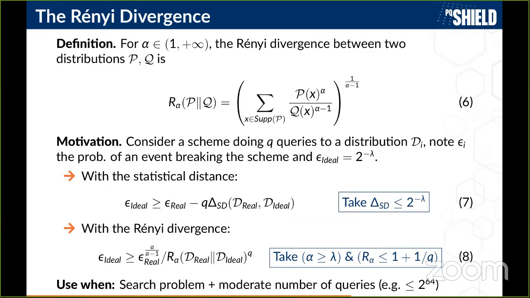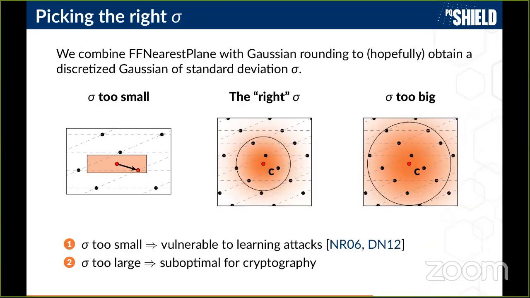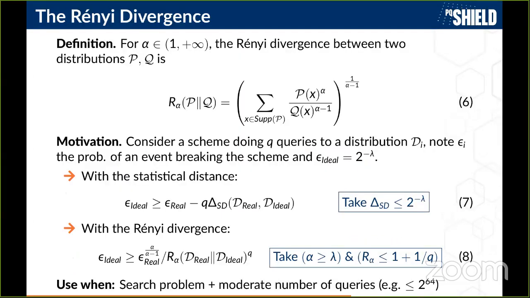Okay, so now let's see how we can use the Renyi divergence for the precision analysis and for the Gaussian standard deviation analysis. So Thomas, this has been a question. Can you remind us the connection between statistical distance and Renyi divergence?